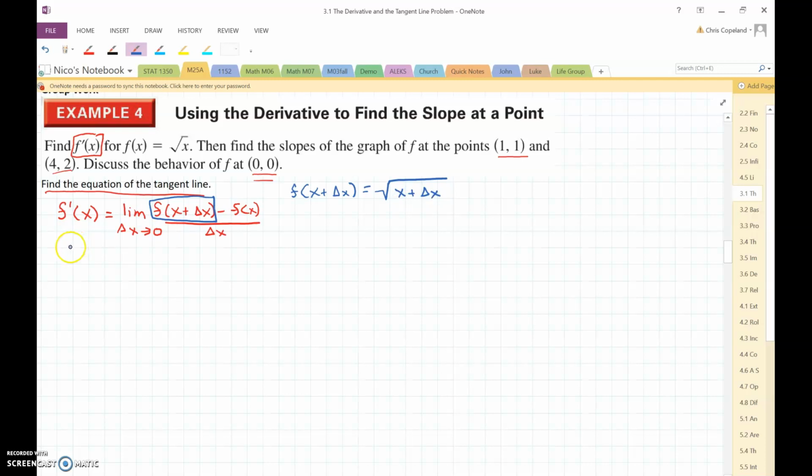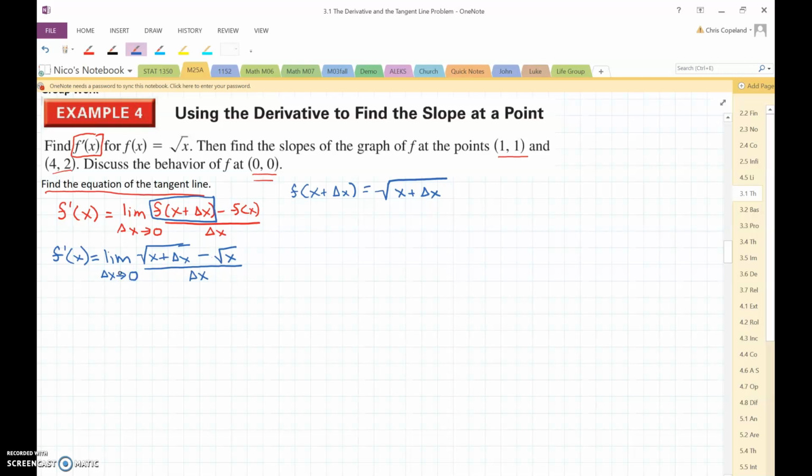So now we can write f prime of x, the derivative of f of x, equals the limit of the square root of x plus delta x, minus the square root of x, all over delta x, as delta x approaches 0.